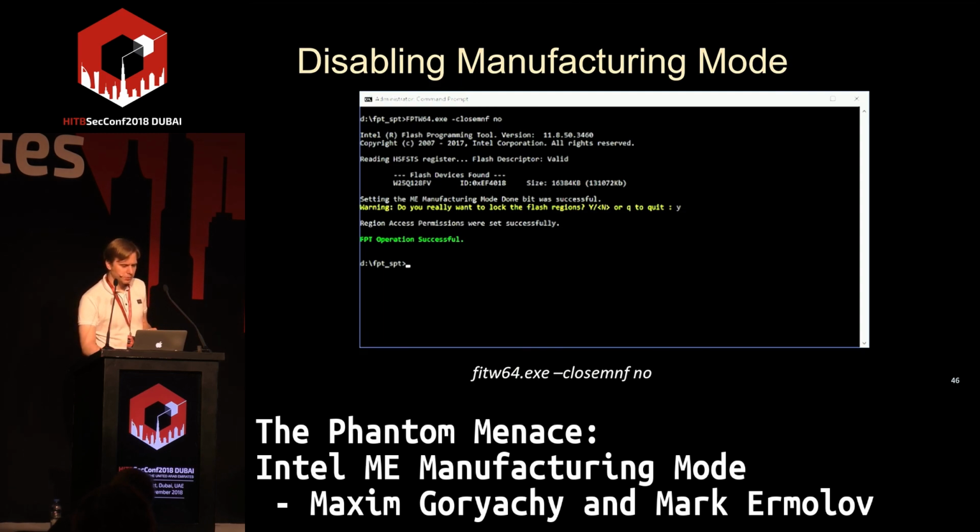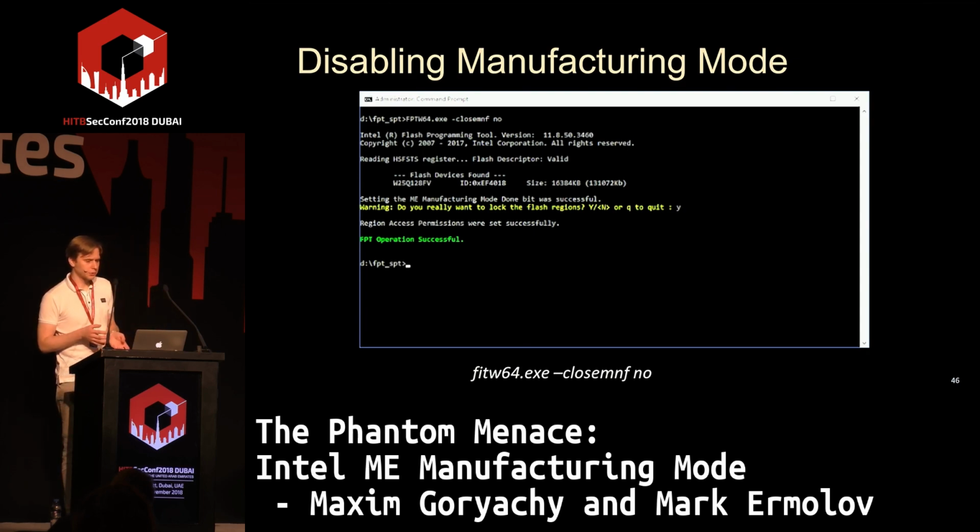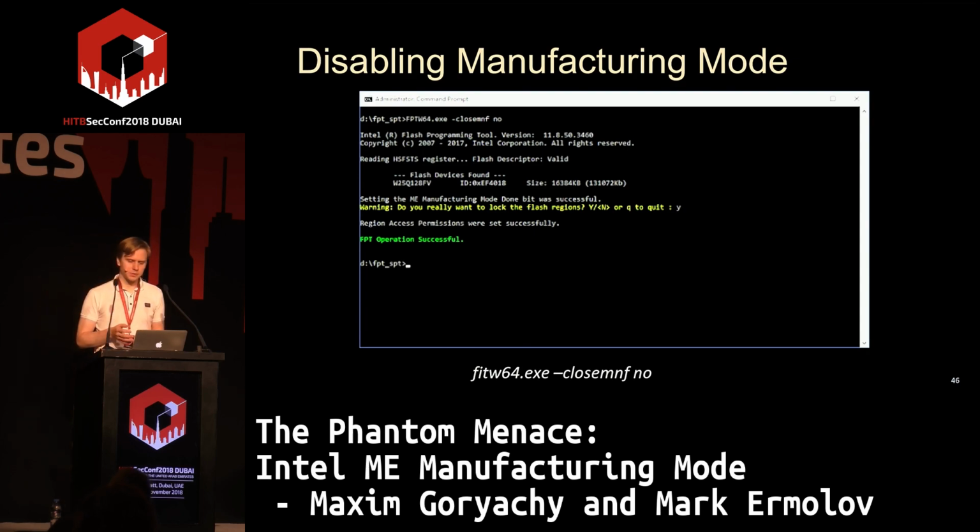So the logical question is how a user can close manufacturing mode themselves if the manufacturer has failed to do so, for example, on Gigabyte platforms. To disable manufacturing mode, you can use FPT.